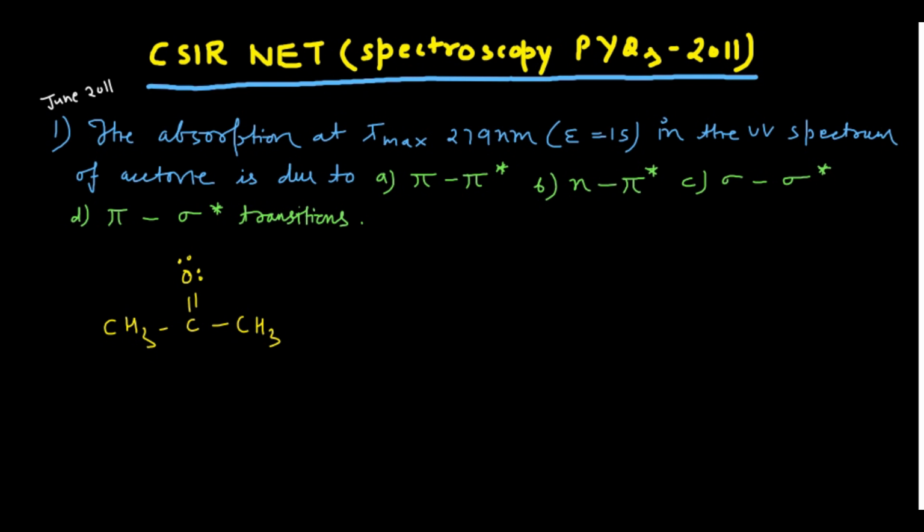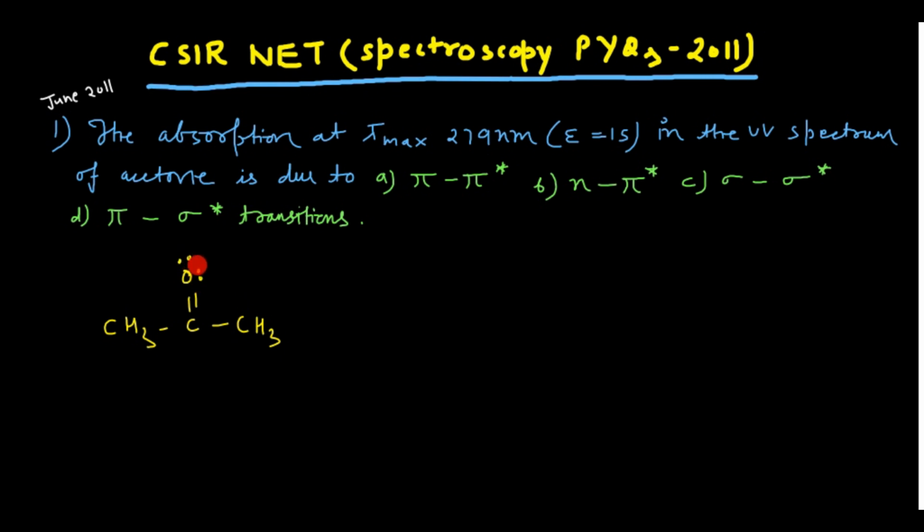So obviously the lone pairs which are present on the oxygen are the most loosely held. So we can consider this transition, right? That means the non-bonding electron will be excited to a certain position. So what could be your answer in that case?